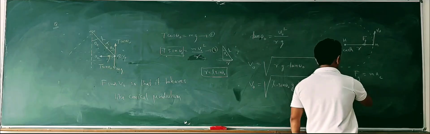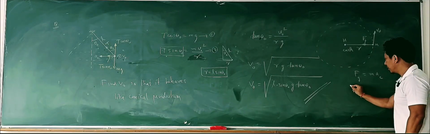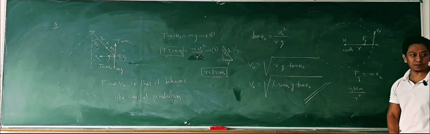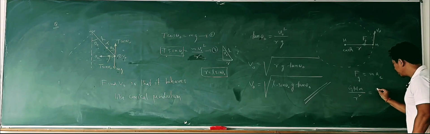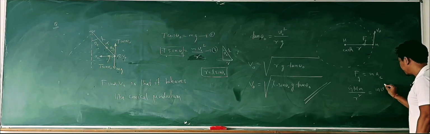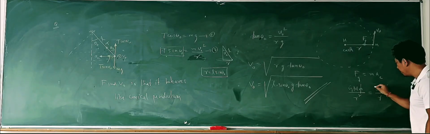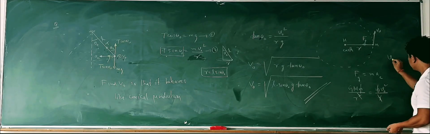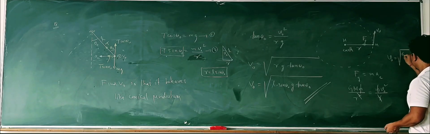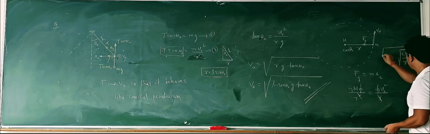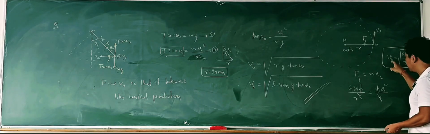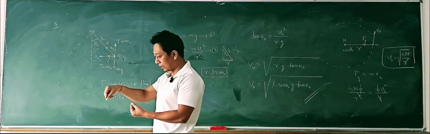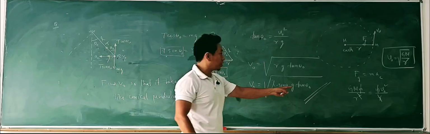So GMm by the radius of the orbit squared equals m. What is centripetal acceleration? v squared by r. m and r cancel. So what is orbital velocity? Under root GM by small r. Did you notice that for one r you have one v naught? For that r, there is only one v naught where this equation will be satisfied.